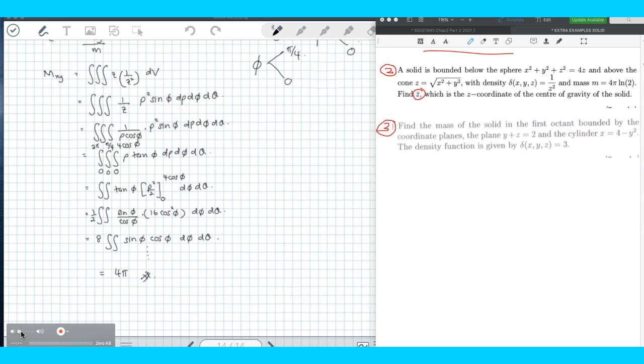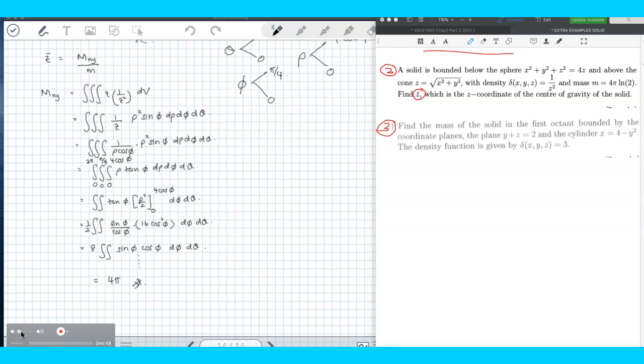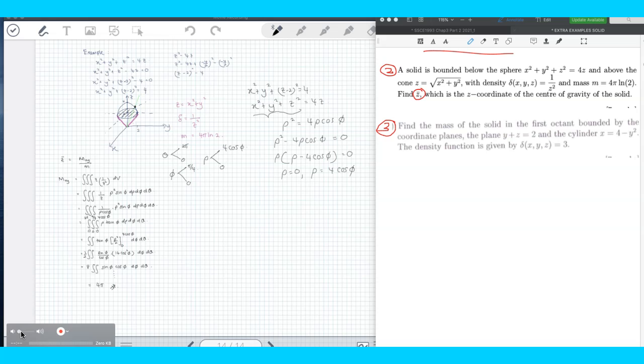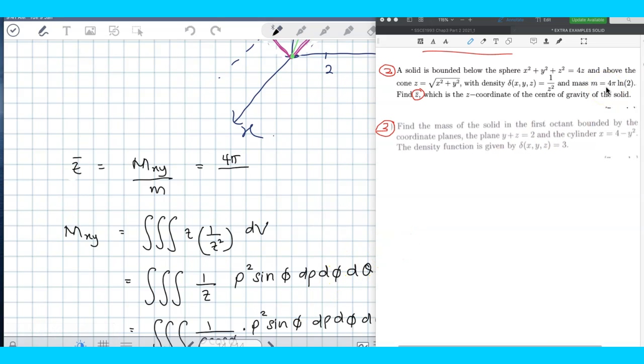This is only the moment of mass, but we are looking for the z bar, right? And then we substitute into the formula here, so we have 4 pi divided by the mass, which is 4 pi ln 2.